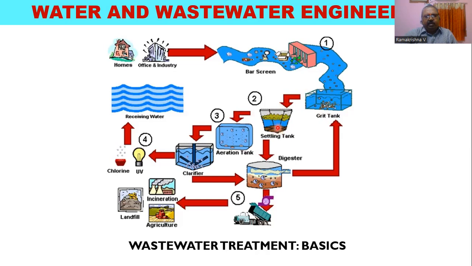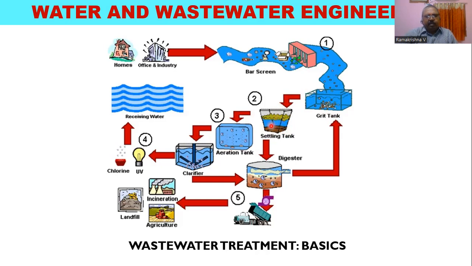Why is it called a primary sedimentation tank? Here we are using two such tanks, and the one in the initial stage is the primary sedimentation tank. Here most of the inorganic solids and some portion of the organic solids will be removed, depending on their sizes.